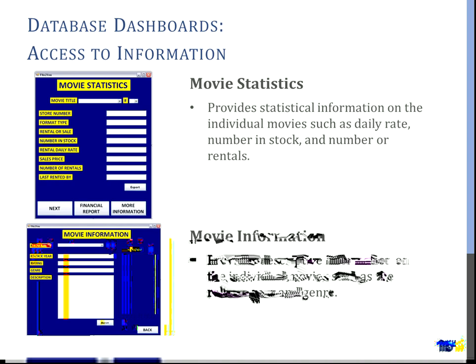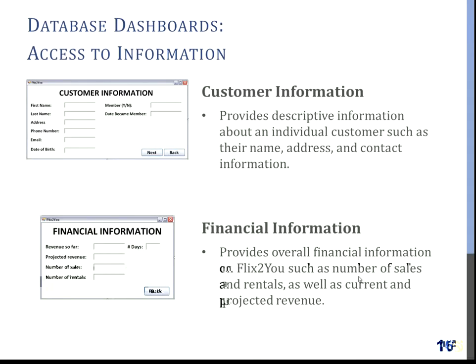The next dashboard is movie information. This will provide descriptive information on the individual movies, such as the release year and genre. The next dashboard is meant for your management team. It will give individual customer information, such as their name, address, or contact information.